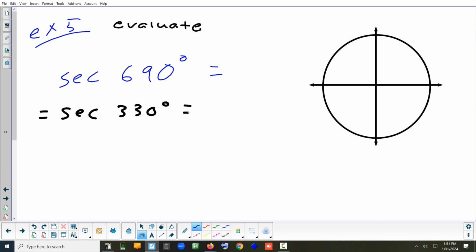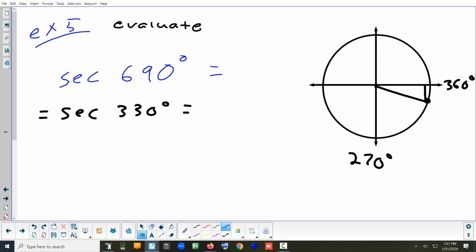Okay. What quadrant is 330 in? It's the fourth quadrant, almost all the way around. So here's 270, here's 360. Where's 330 in that quadrant? It's close to 360. Let's put it right there. Make your triangle.